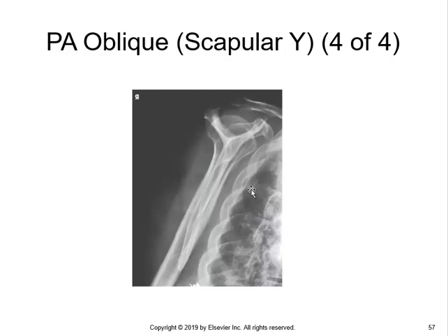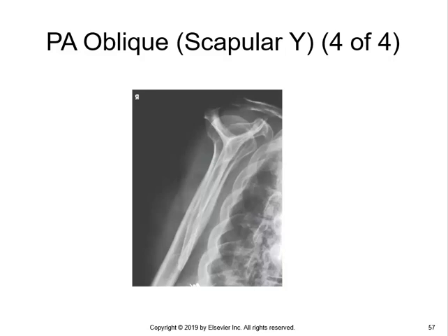So most of the time, that's where your dislocation is going to be seen. If it's a posterior dislocation, it's going to be out here. So that's a very beneficial position and projection to use to visualize all of the anatomy that we just spoke about and pathologies as well.